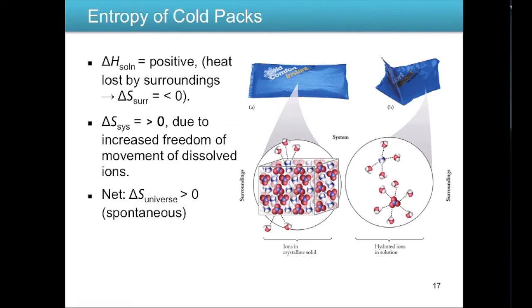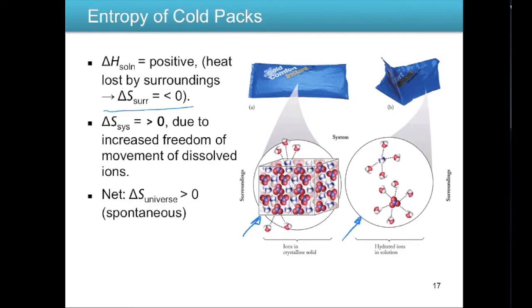So in this case, the delta S of the surroundings is going to be less than 0. But since the system turned from something that is a crystalline solid to an aqueous phase, that is increasing the disorder of the system, resulting in the delta S being greater than 0. Increased freedom of movement of dissolved ions results in more disorder.